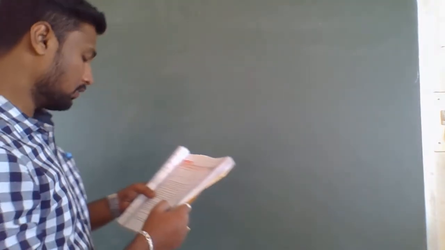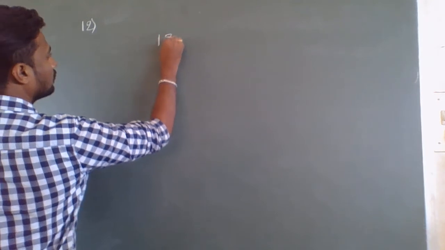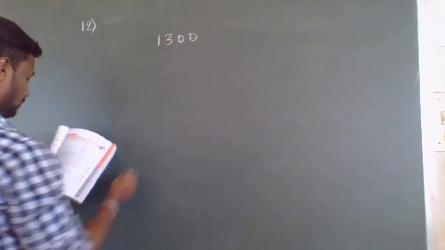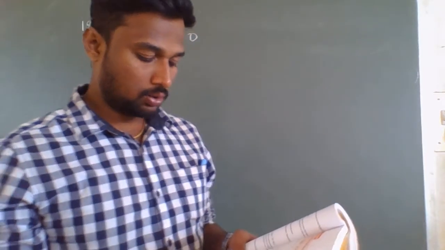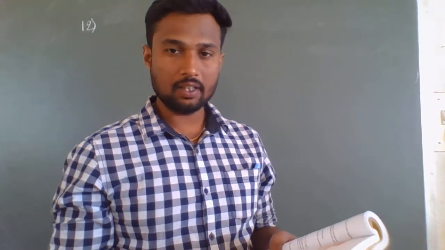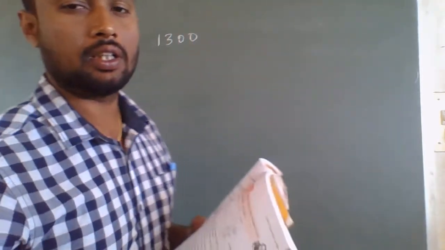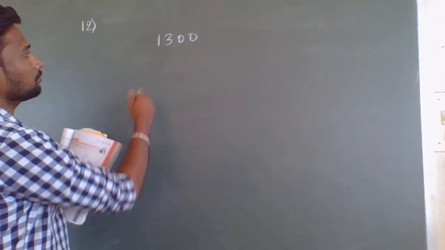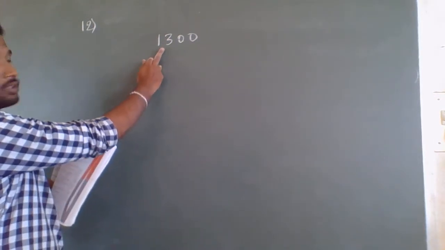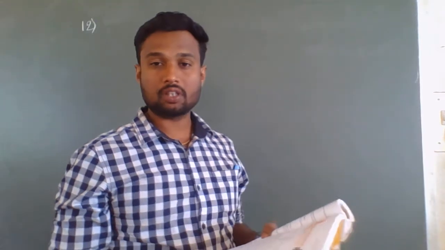So here they have given 1300, and they told us to find the least number that must be added to 1300 to get a perfect square number.